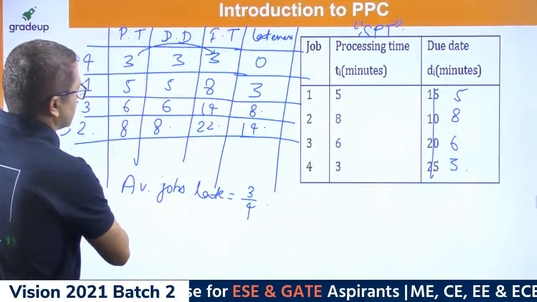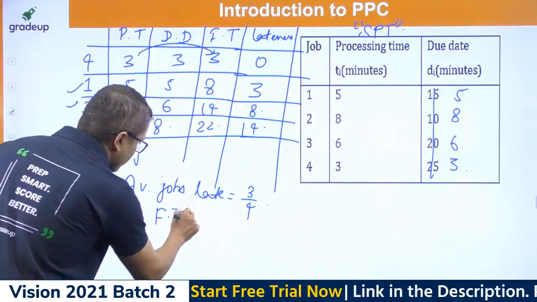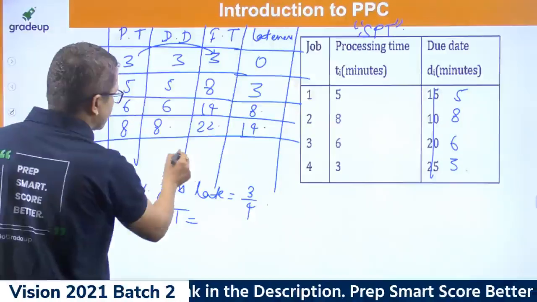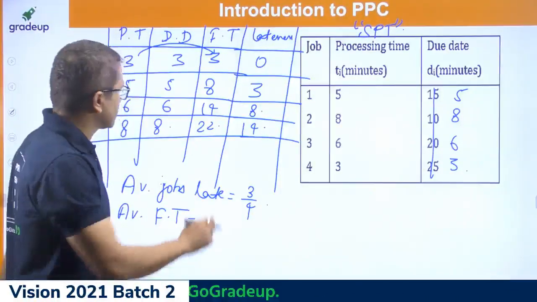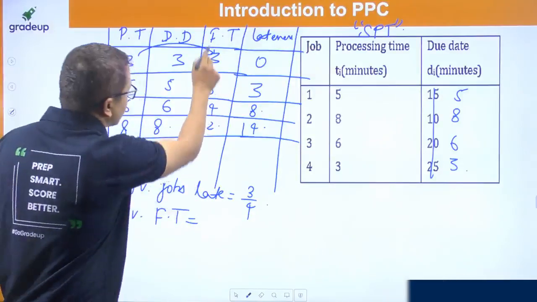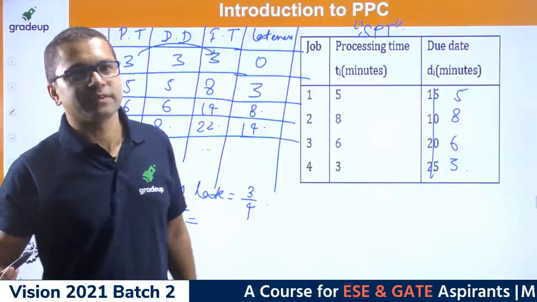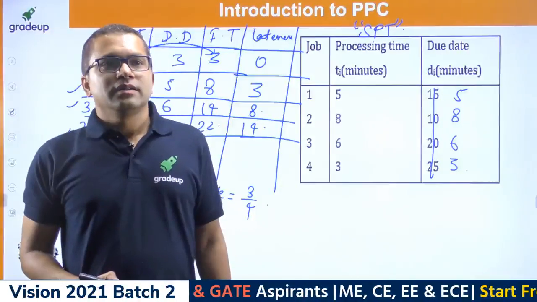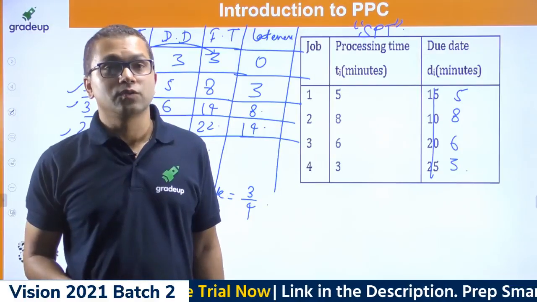And just tell me the average flow time. Firstly, tell me what is the total flow time. You just need to add all of them. Just tell me the total flow time. So I'm going to write here, when you add each one of them. All right. What is the average or total flow time?